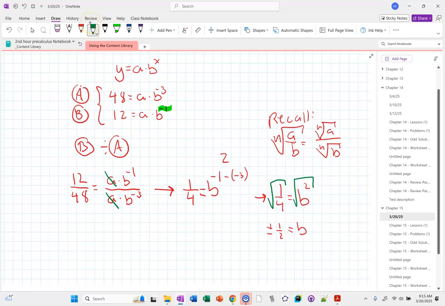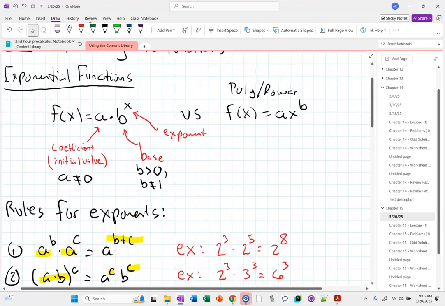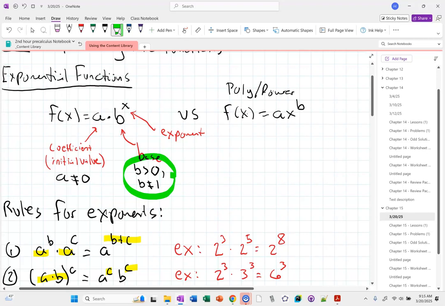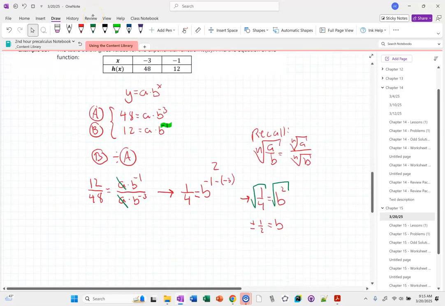But remember our definition for exponential functions. I'm going to scroll back up to remind you. What did we say about the base? Can't be negative, can it? So guess what? About that plus or minus down there, what are we going to do?